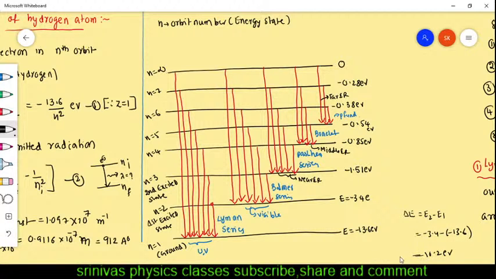Is it right? And if you take the last orbit, infinite, the energy is zero, right? If a transition occurs from infinite to first orbit, how much energy releases? Zero minus E1. For second to first, we derived E2 minus E1, minus 3.4 minus of minus 13.6, so 10.2 electron volts energy releases.